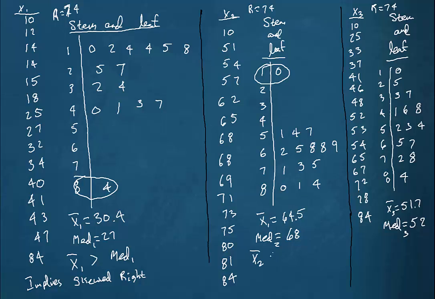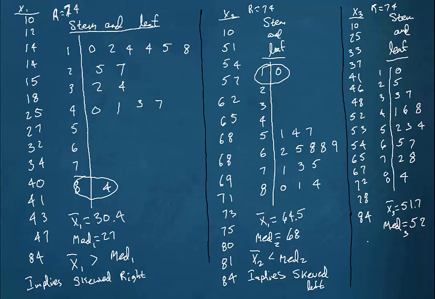So if the mean is less than the median, it is implied skewed left. Now again, just because the mean is less than the median, it doesn't draw the conclusion that the data set is skewed left. But if a data set is skewed left, the mean will be less than the median.